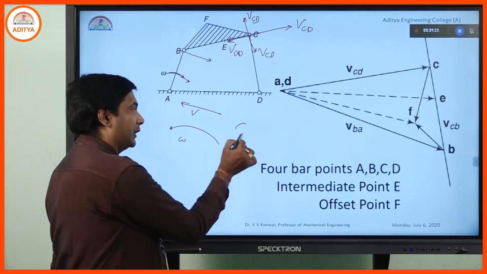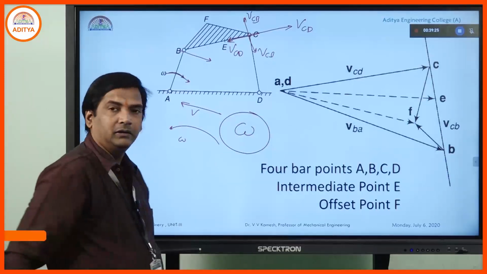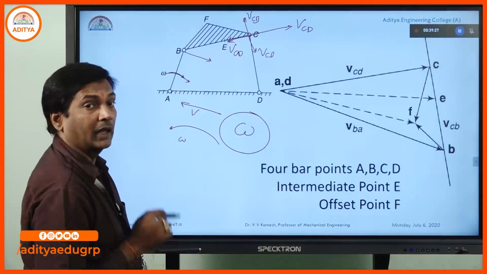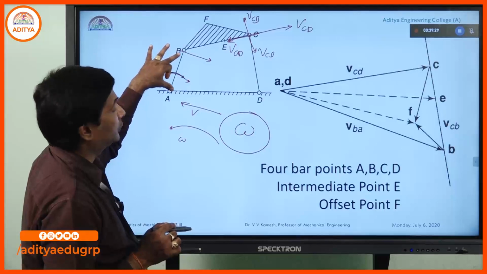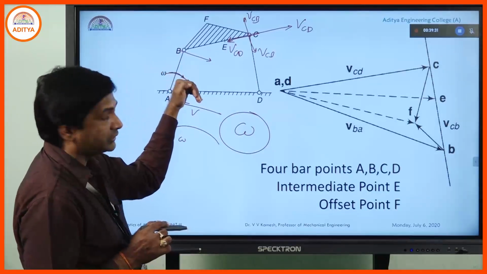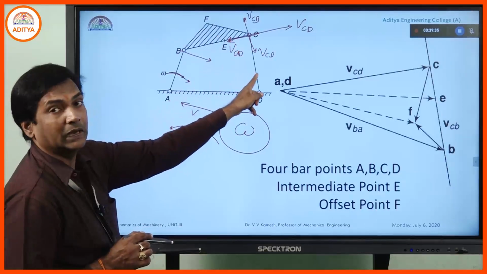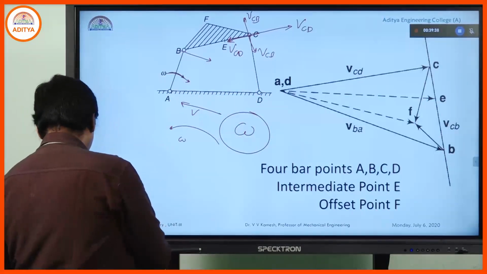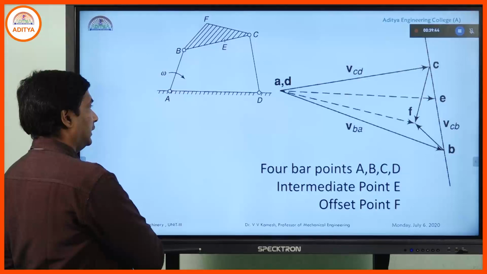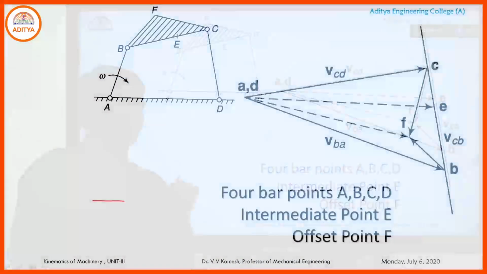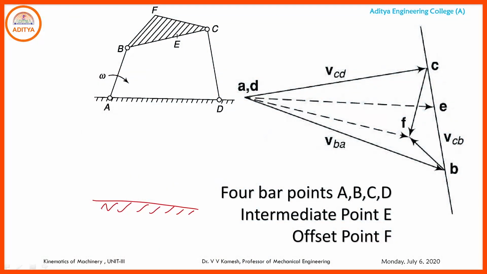First we need to identify the omega direction according to the crank position. If the crank is rotating in this direction, how will it be transferred to the rotation of links BC and CD? So we will see there is a very easy procedure to identify this.